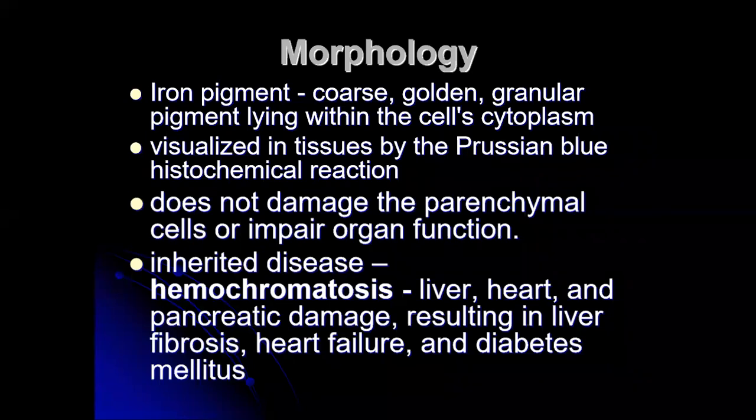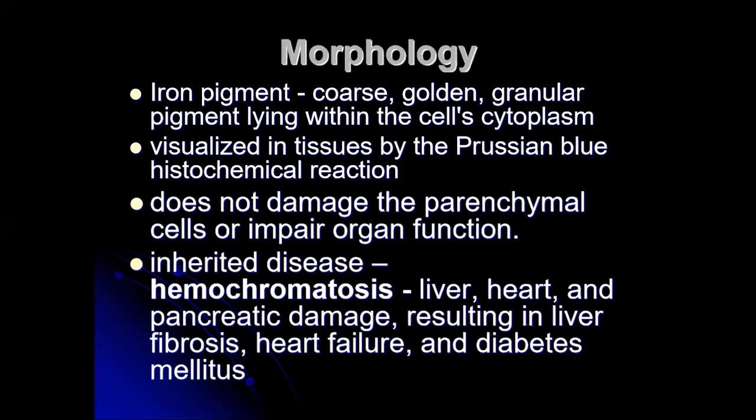This has been seen especially in South African communities, where they store their produce in iron, and when they are cooking, they absorb all that iron. This iron gets deposited in the liver, the heart, the pancreas, leading to damage. So it leads to liver fibrosis, heart failure, and diabetes mellitus because of pancreatic damage. This condition is referred to as hemochromatosis.